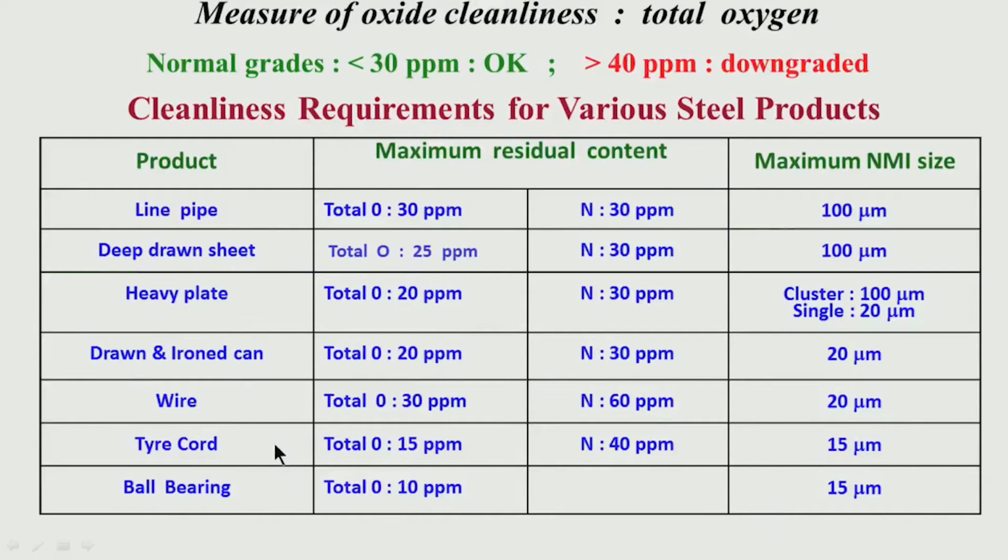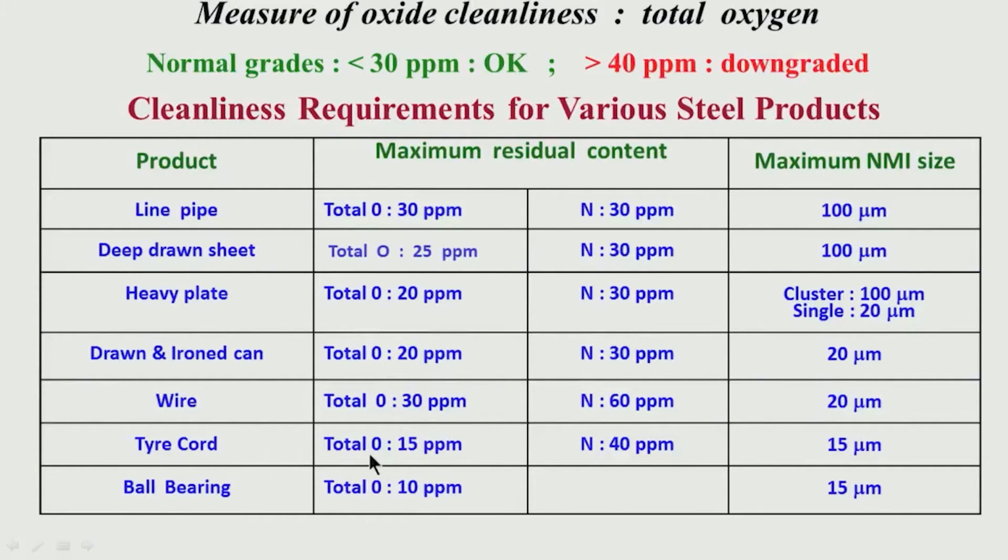Now let us come to another very important product of stringent requirement, tire cord. You know, whatever tires we are producing, rubber tires, they have very thin wire which is known as tire cord, which tries to hold the rubber tire. So, these have very stringent requirements.